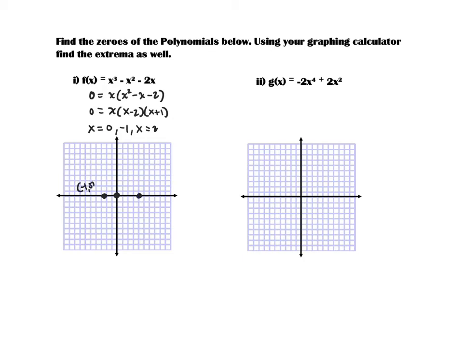So negative 1, 0, 0, 0, and 2, 0. Now, if we consider this function, it's cubic. Okay, it's cubic with a positive leading coefficient and clearly an odd power. So the end behavior would be down to the left, up to the right.